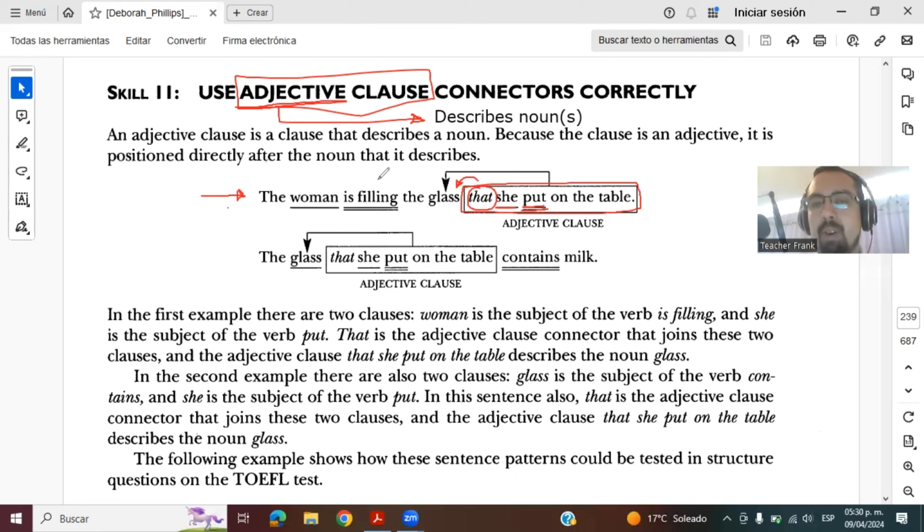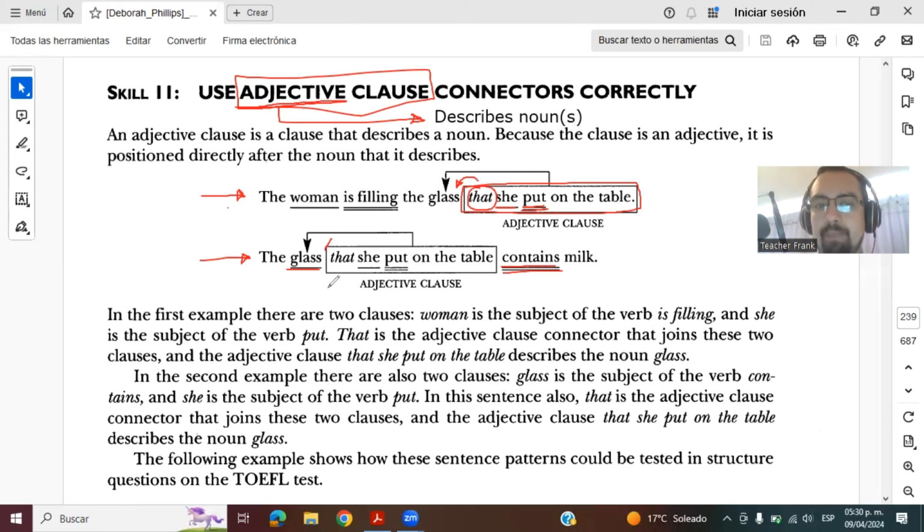I can have it describe an object, or like in the second example, I can have it describe a subject. The glass that she put on the table contains milk. What is the original sentence? The original sentence here is the glass contains milk, right? That's my original sentence.